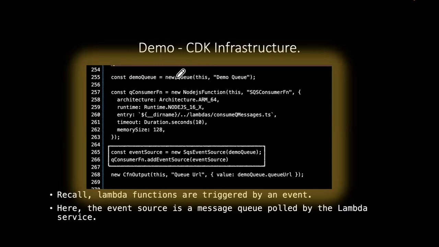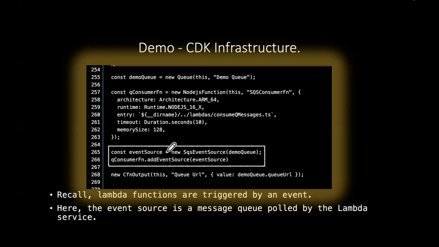So I'm creating a queue. Implicitly, it's an SQS queue. Behind the scenes, it's the SQS service that takes care of creating an empty queue for me, which is just a piece of memory, I guess, that it manages. This is my Lambda function, as I've said.